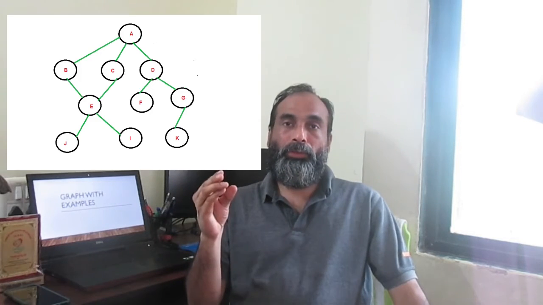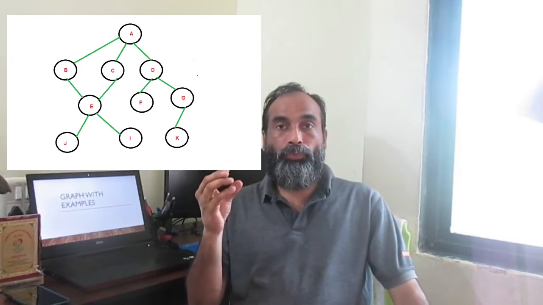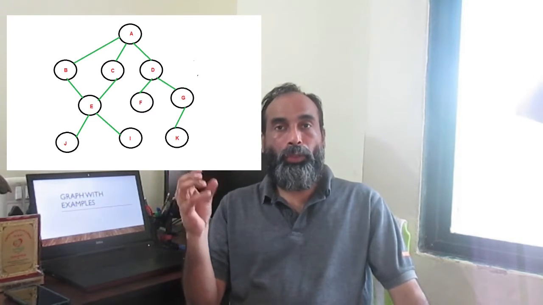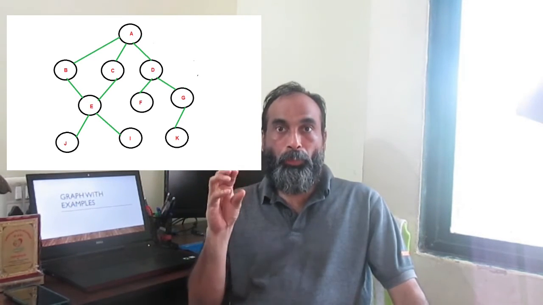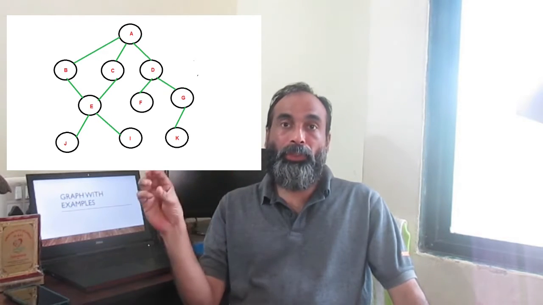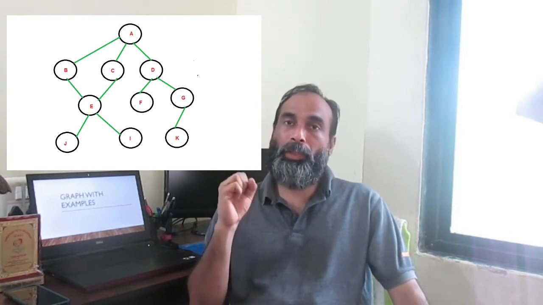In the breadth-first search method, you can start from any node in a graph, and when you start from one node, you check which nodes you can reach from that particular node.